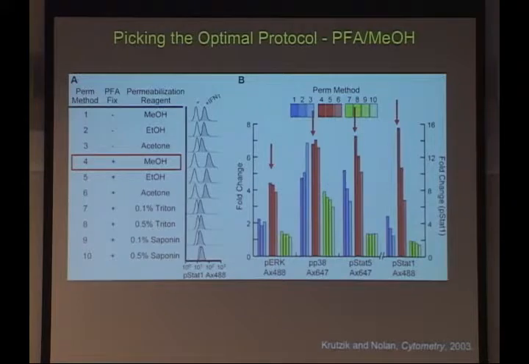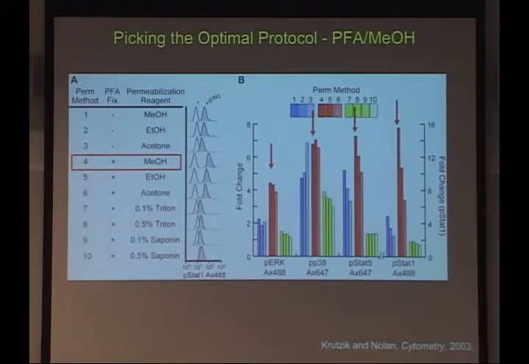But you'll notice that even some of the ones where we did no fix, in blue, turn out quite well, and that between methanol, ethanol, and acetone there's not necessarily a massive difference for some of these either. You can also use saponin, and some of these results have actually gotten better as the saponin has gotten more purified by some of the vendors, where you can get quite good results too.